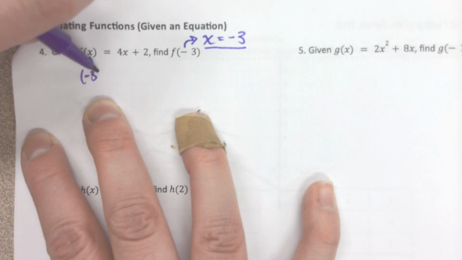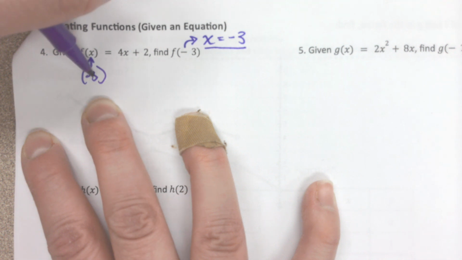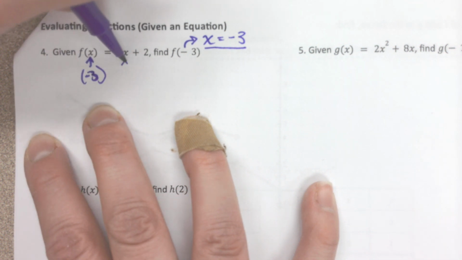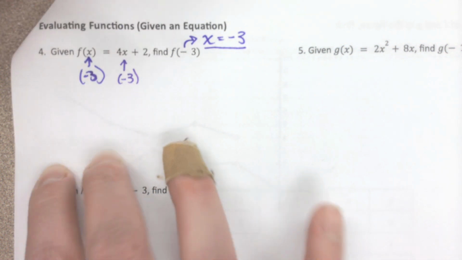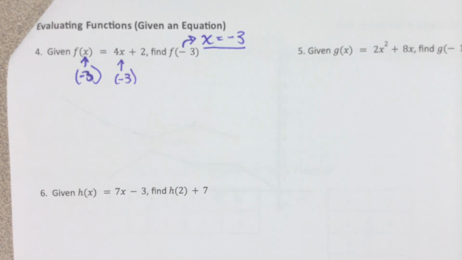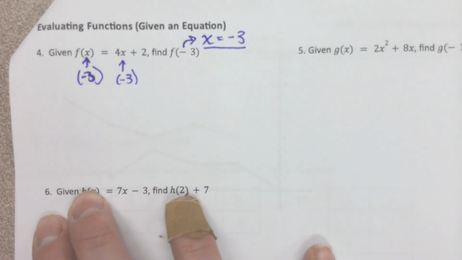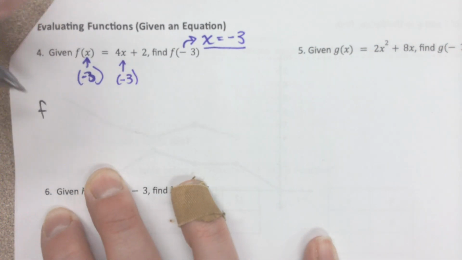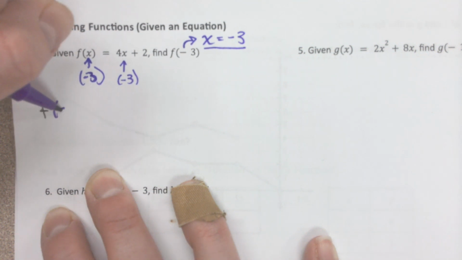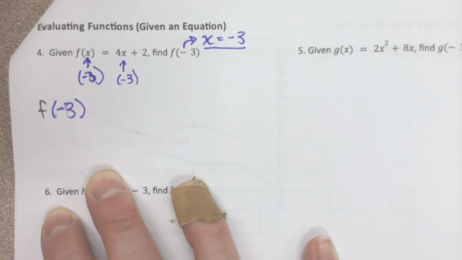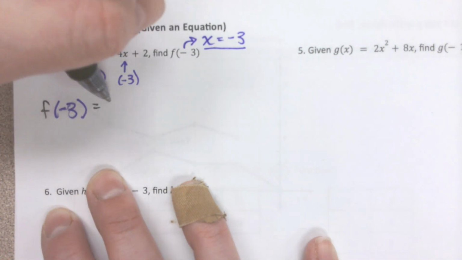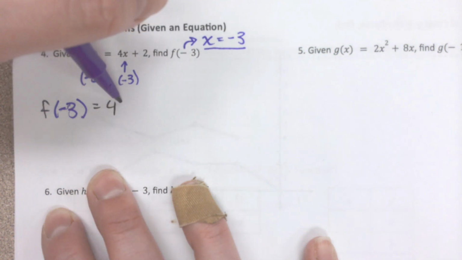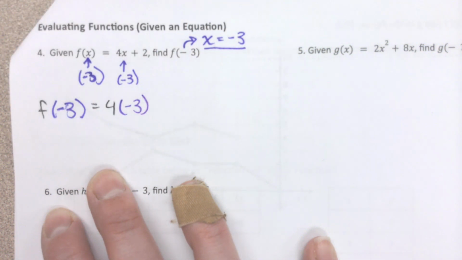So we're going to put negative 3 in there. And a negative 3 in there. Let's rewrite it. We have f of negative 3 equals 4 times negative 3 plus 2.